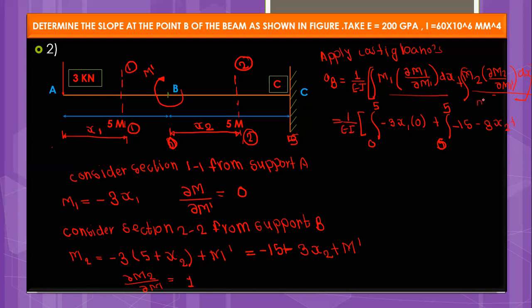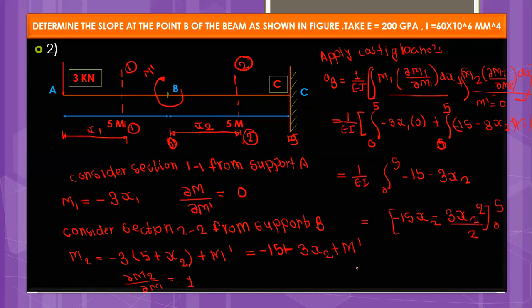M prime will be 0 because it is an imaginary moment, so this term will not be there. We just have to multiply by 1. So 1 upon EI, this term is 0, and the second is the integral from 0 to 5 of minus 15 minus 3x2. Now integrate this: minus 15x minus 3x2 squared upon 2, from 0 to 5.